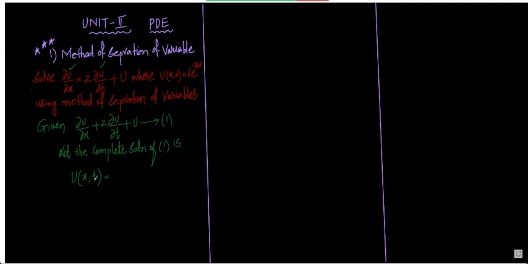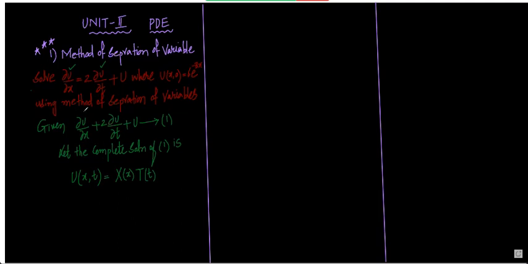So we have to assume these functions: capital X depends upon small x and capital T depends upon small t. X is a function of x, T is a function of t. If we had y also, then we would take y too. We are assuming this as the complete solution.